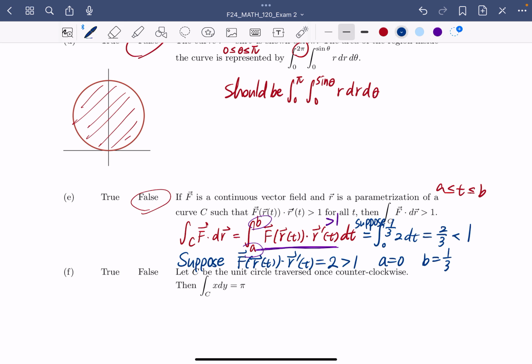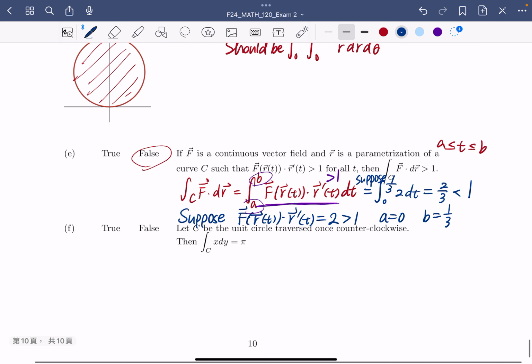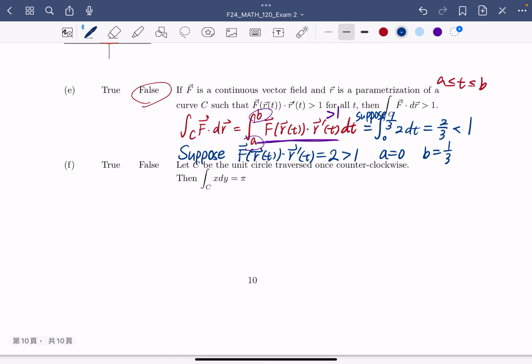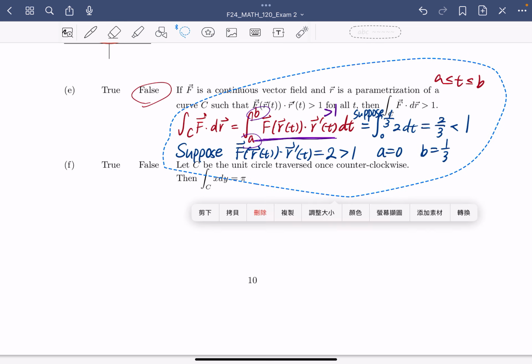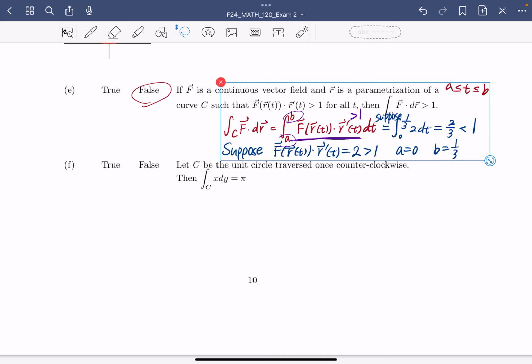Okay, so let's do the final problem for this entire exam. Let C be a unit circle, traversed once.